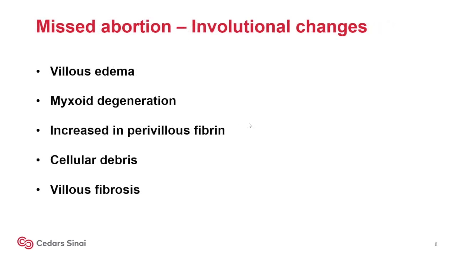But the most common scenario you're going to see under the microscope in missed abortions is involutional changes. In involutional changes, we're going to see these features: villous edema, also known as hydropic changes, myxoid degeneration, increasing perivillous fibrin, cellular debris, and villous fibrosis.